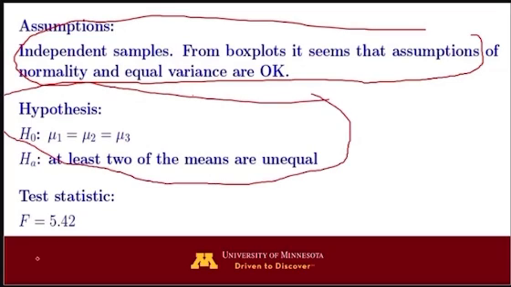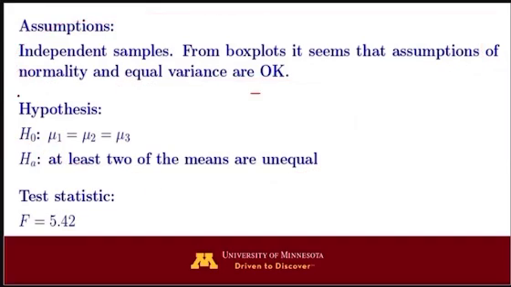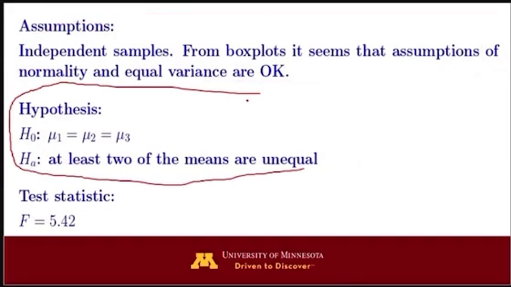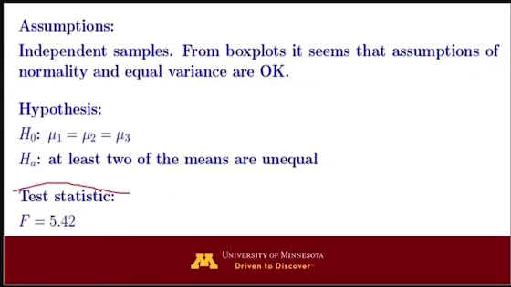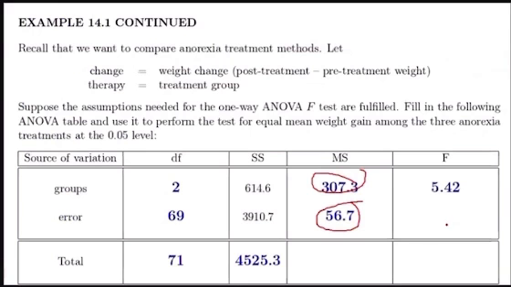And of course, after that, hypothesis formulation, because I only have three groups. For three groups, mu one equal to mu two equal to mu three, the alternative, at least two of the means are different. Then the test statistic value. In the test statistic value, you're going to go back to the ANOVA table.